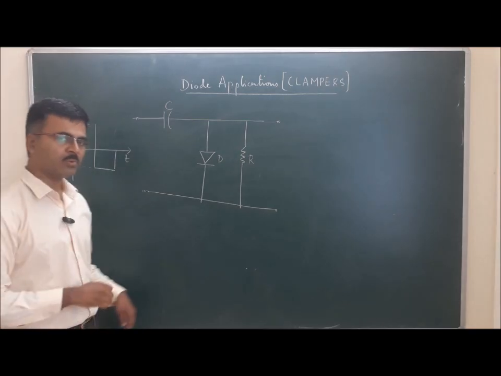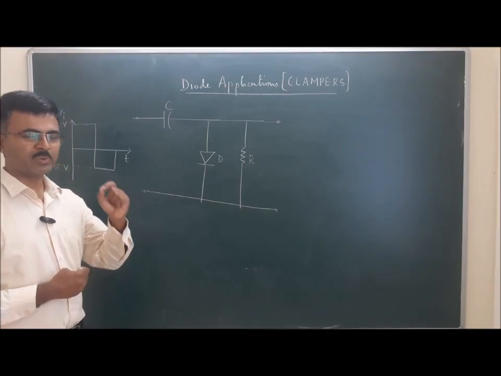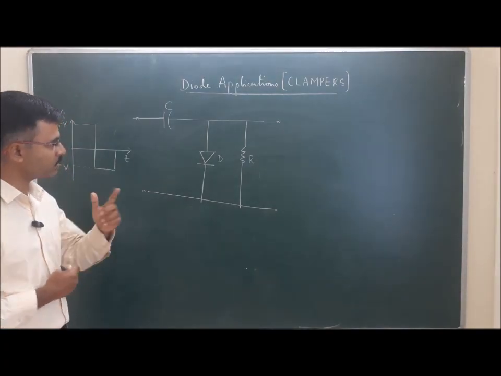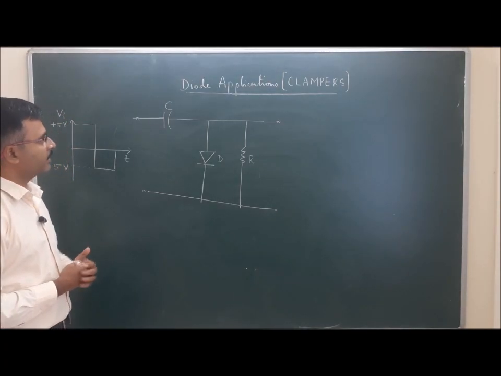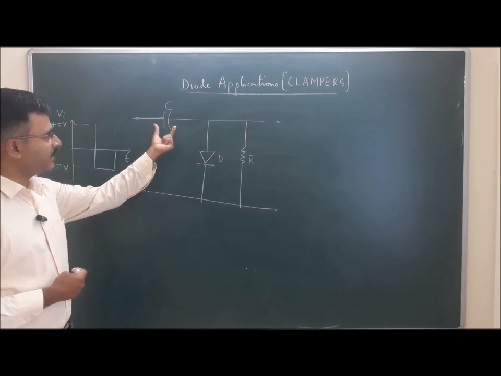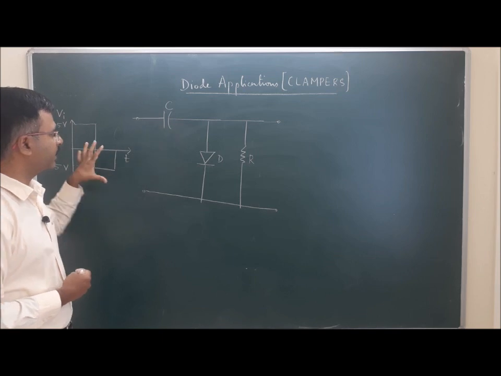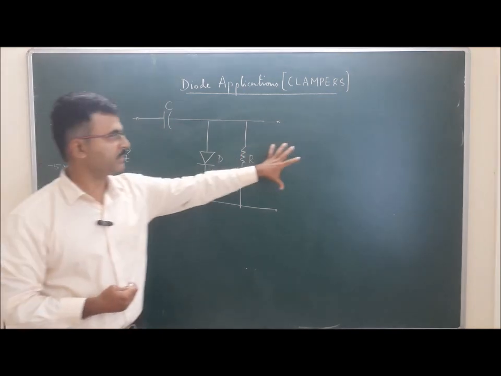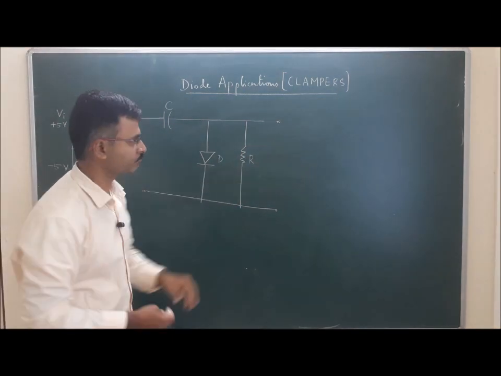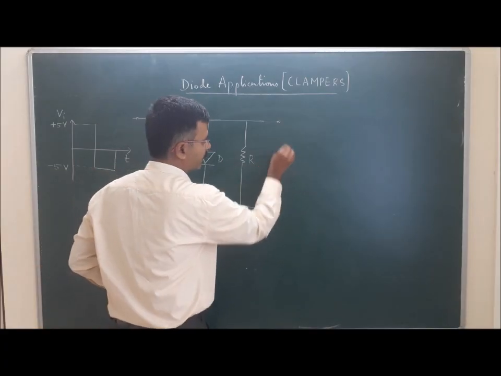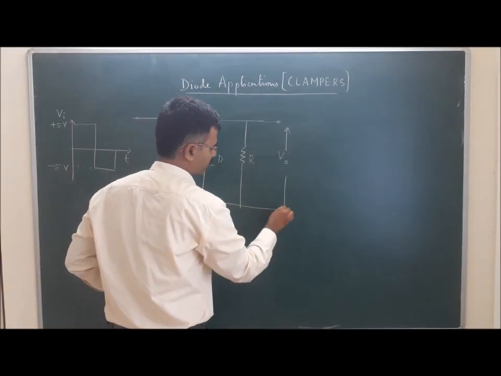Now we will note down one or two important observations here. The first observation is that in a clamper circuit, the capacitor is exactly in between the input signal and the output. So the output is across the resistor.